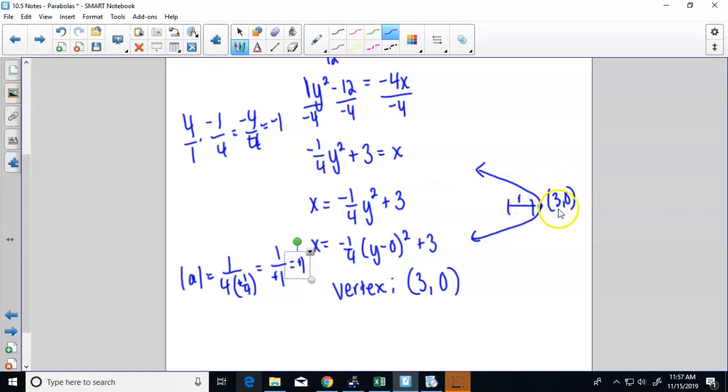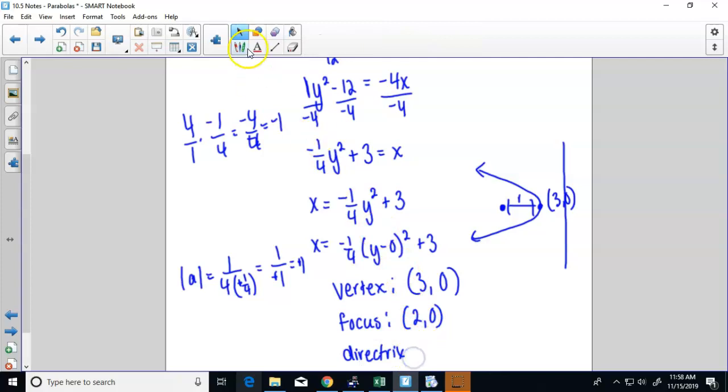You don't have to deal with fractions. So for the focus, which is going to be over here to the left, we've got to subtract 1 from our x-coordinate. So our focus is at 2, 0. For our directrix, we have a vertical line, so that's x equals a number.